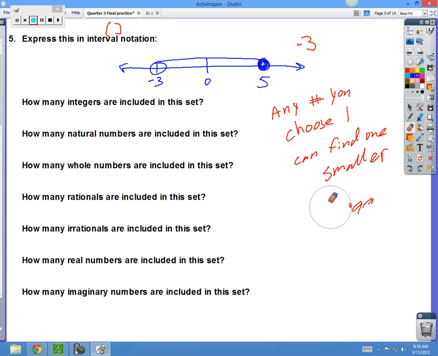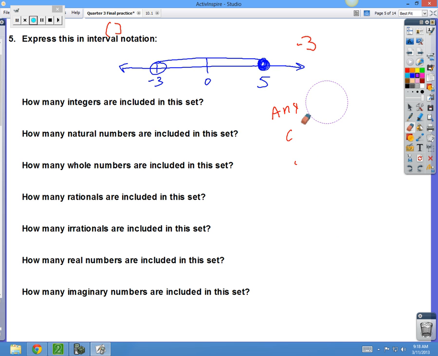So anyway, that's good for the bonus. That could show up on your bonus. So negative 3 is going to be hugged with the parenthesis because it's not included. So negative 3 all the way up to 5, but 5 is a bracket because 5 is included. So that's interval notation.